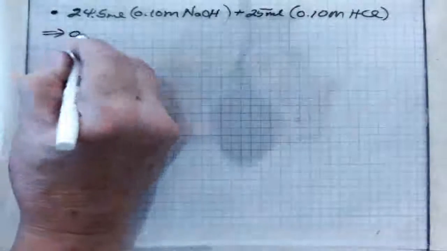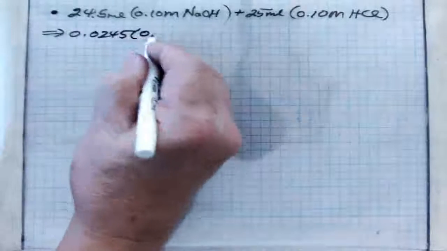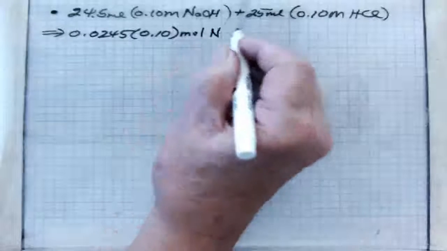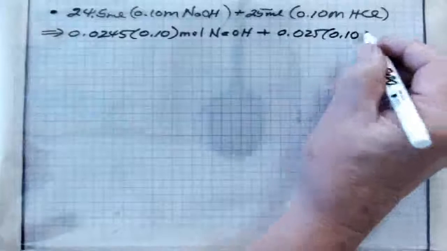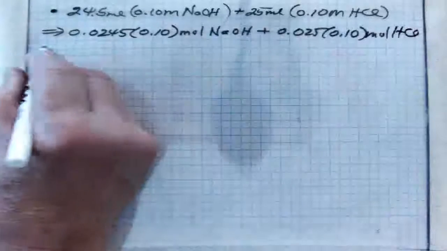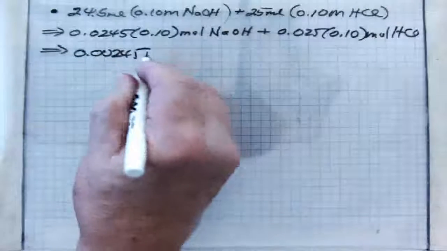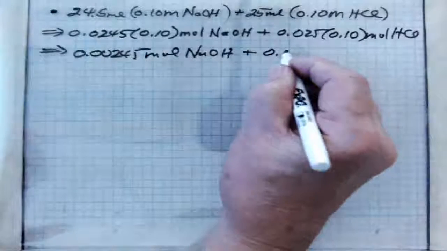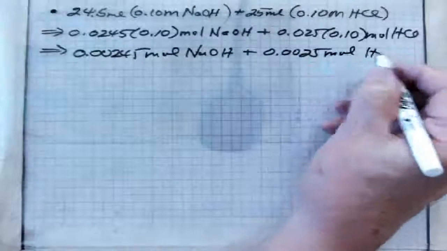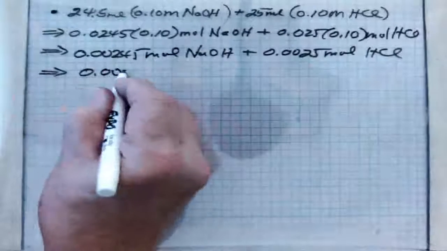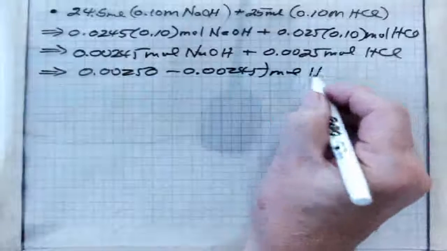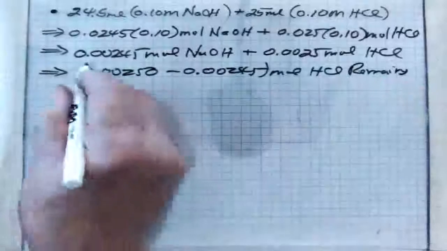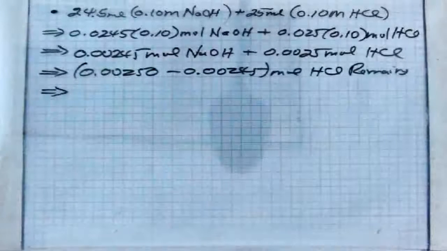Convert to moles. 0.0245 times 0.10 mole plus 0.025 times 0.10 mole HCl. 0.00245 mole sodium hydroxide. Once you get in the rhythm of this thing, you just scoot right along on it. So that'd be 0.00250 minus 0.00245 mole HCl remains. And so I'm going to trust my brain here.